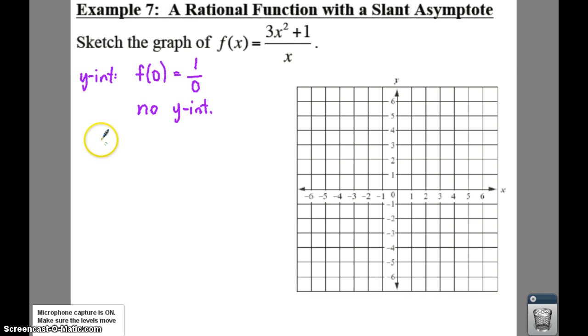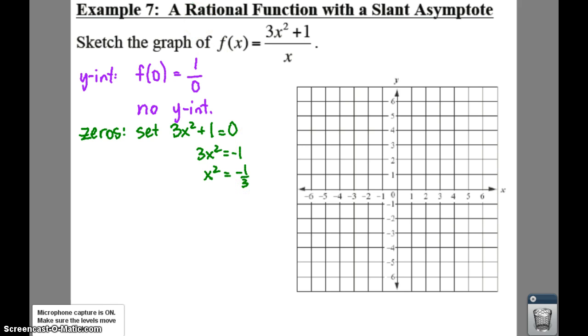Let's find your zeros of your function, and that's where you just set your numerator, 3x squared plus 1, equals 0. So you subtract 1. Get 3x squared equals negative 1. Divide by 3, you get x squared equals a negative 1/3.